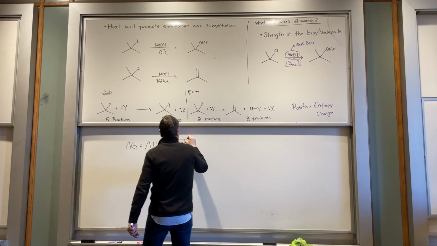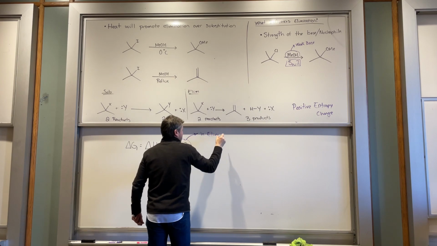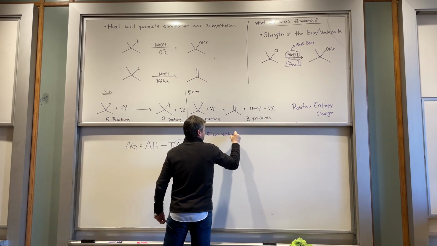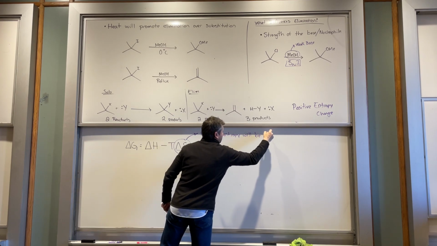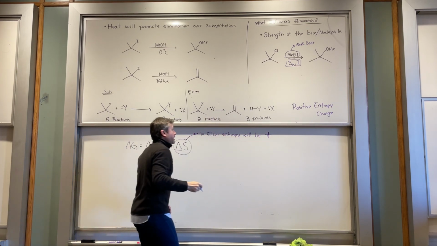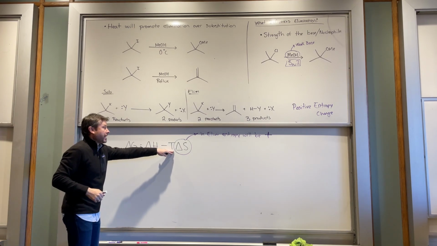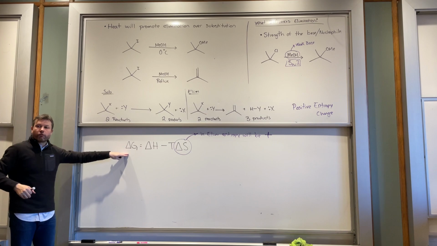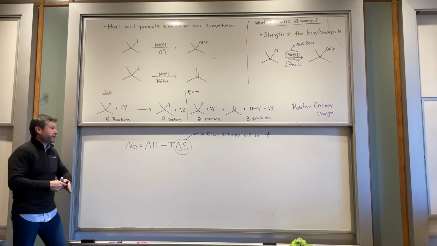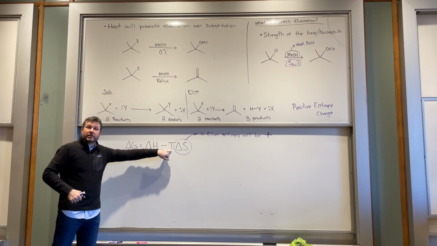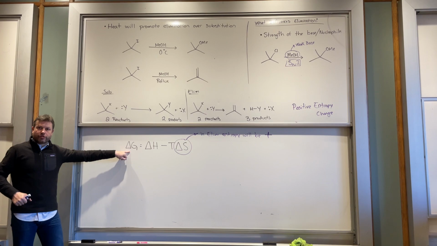And so because in elimination that change in entropy is going to be positive, the temperature of that reaction is going to affect the overall change in reaction energy. If the temperature is cold, then that change in entropy isn't going to affect the change in overall energy.